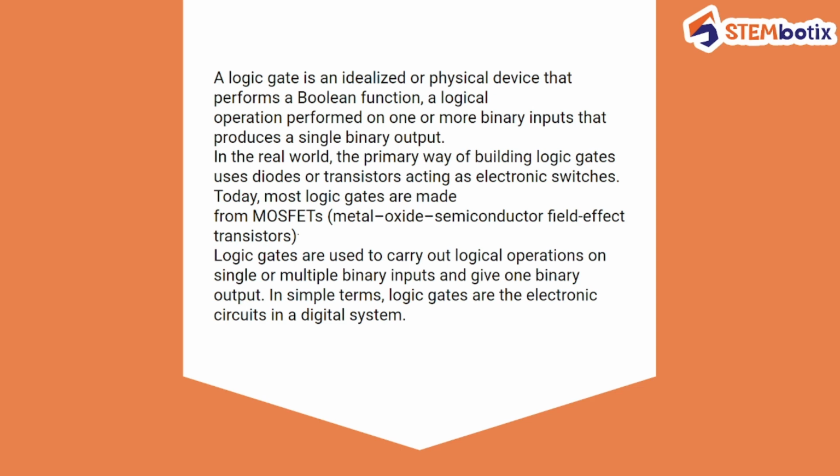It means in the inputs you can have more than one quantity, but in the result you will get only one output. In simple terms, logic gates are the electronic circuits in a digital system, so they are widely used in digital systems.